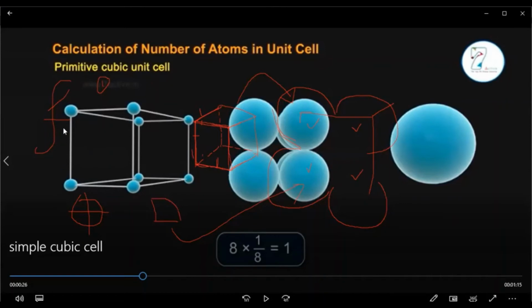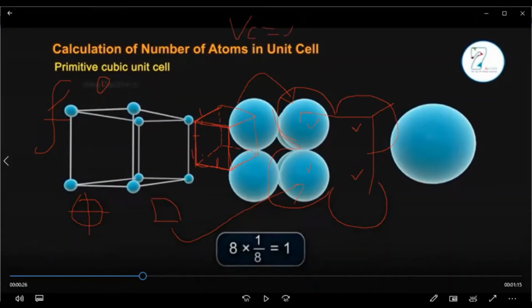So the volume of the cube is length into breadth into height, and the volume of the sphere is equal to 4/3 pi r cube.